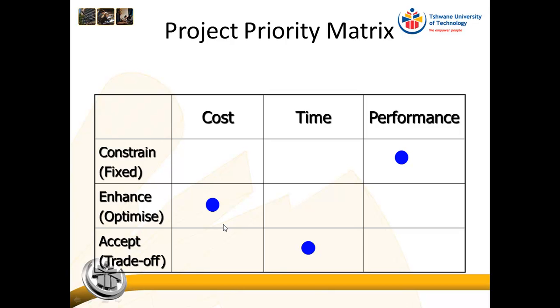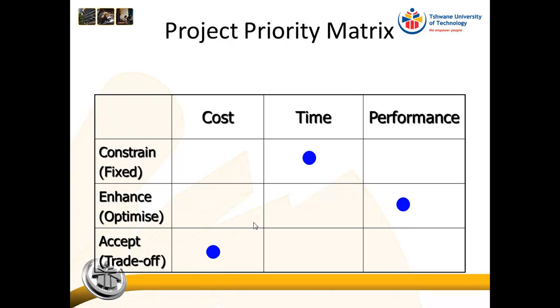So for example, I'm insistent on my gold-plated taps, so you might have to import my gold-plated taps, but because we can accept a slippage in time, you don't have to fly them in, you can wait for them to be shipped in, which takes longer. Right, so that is your project priority matrix.